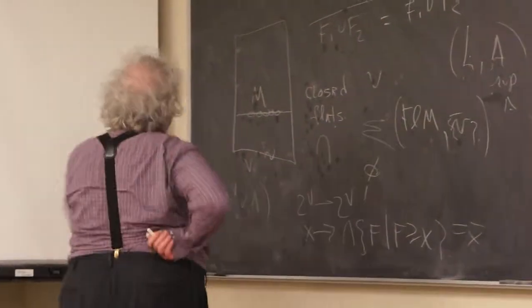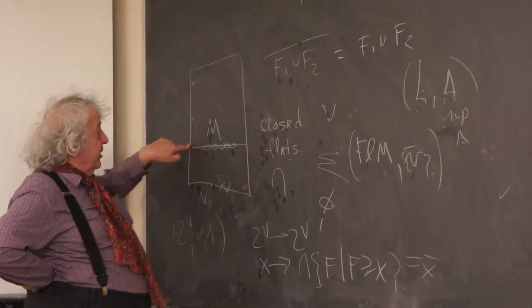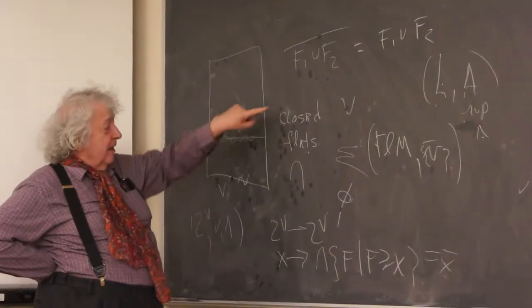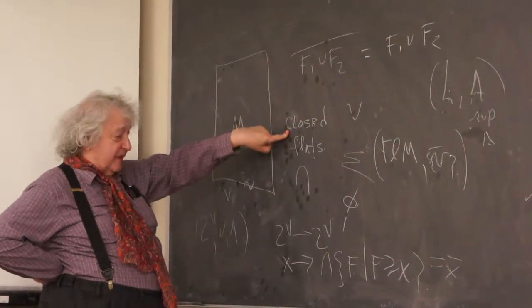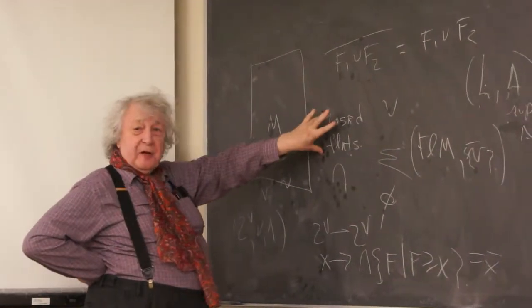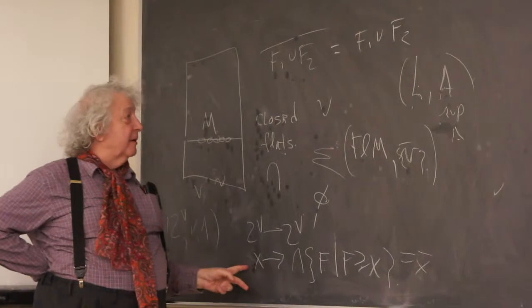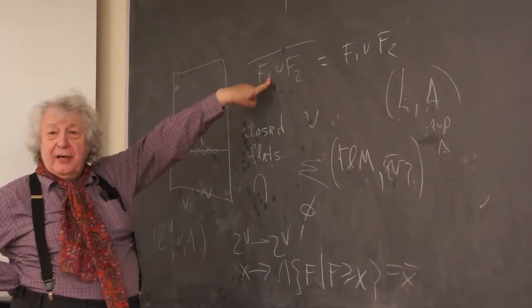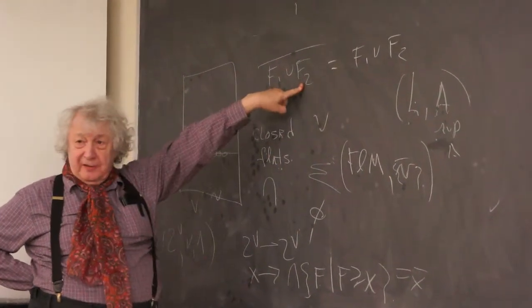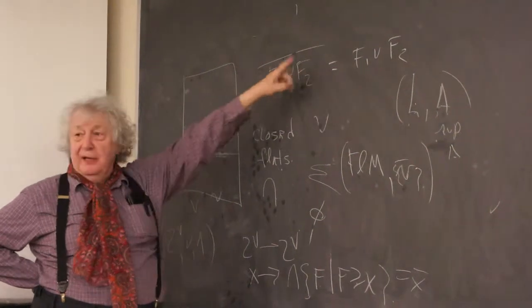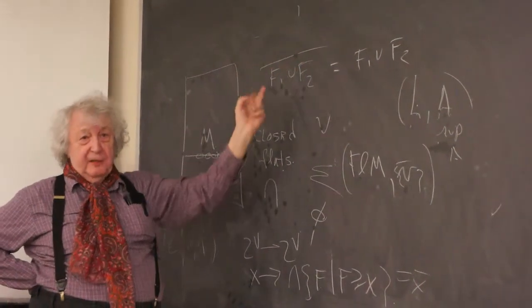I'll say it again. I give you a matrix M. You go look where the rows are zeros. That gives you a bunch of sets. Close them under intersection. That's going to give you a lattice where the meet is intersection. It gives you a closure operator. But the join isn't what you think. It's bigger than you think, maybe. Union and close. Think topology.